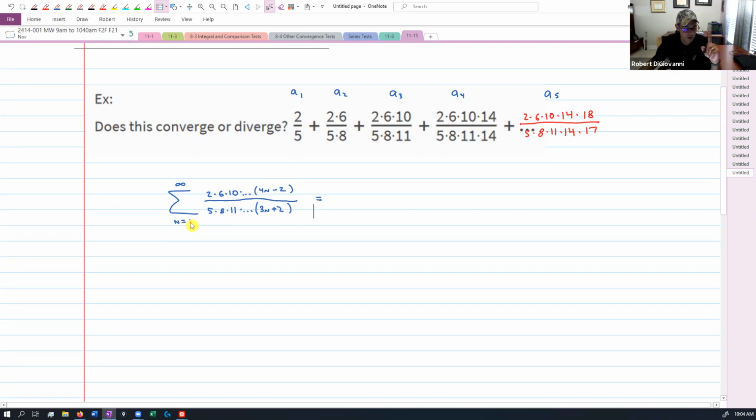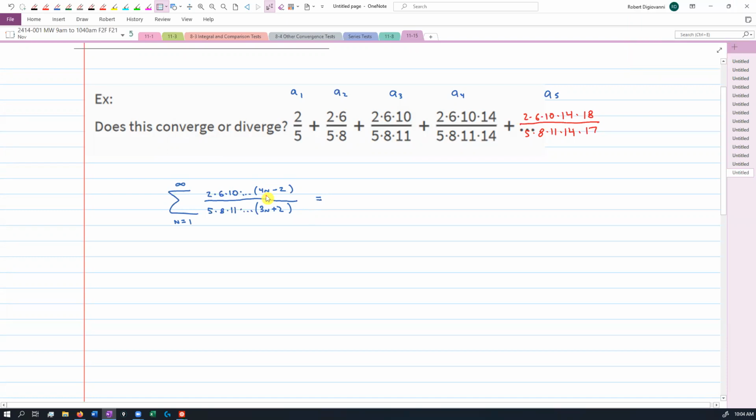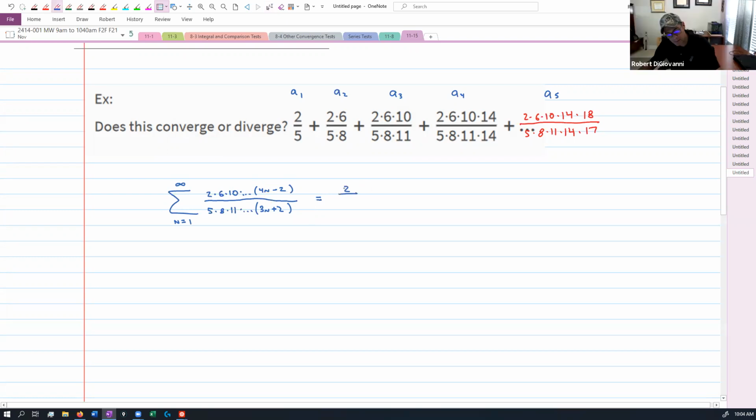If I plug in 1 for n, where's the top going to stop? A 2, right? So all I get is a 2 on top. And on the bottom, if I plug in 1, I'm going to go 3 times 1, that's 3 plus 2 is 5.